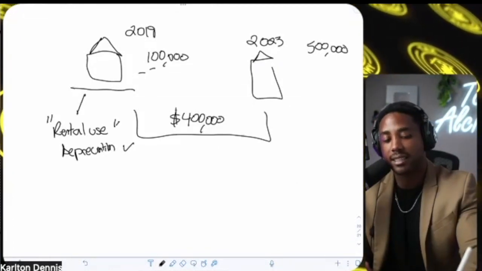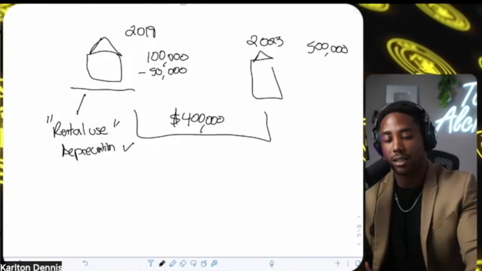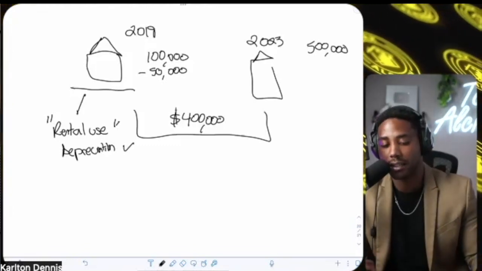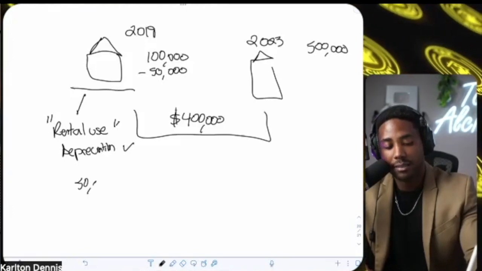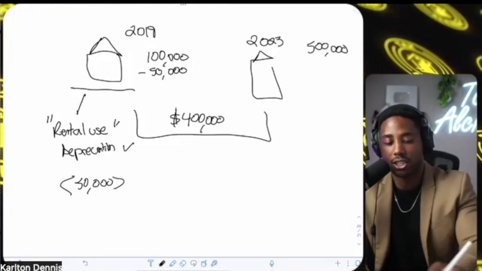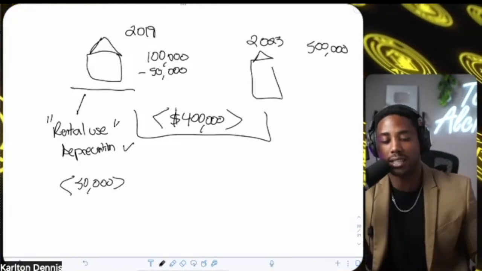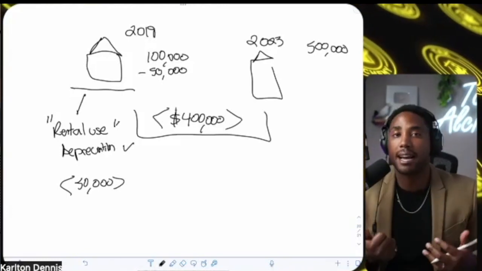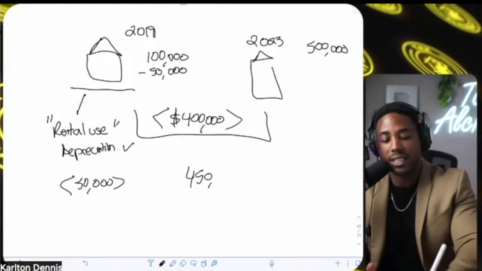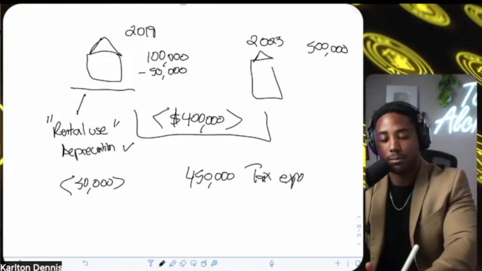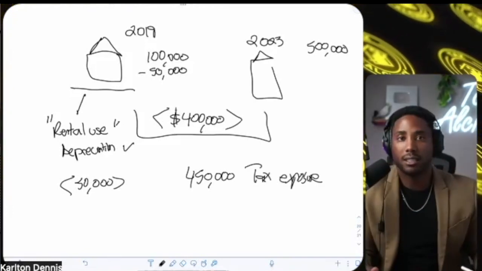Let's say that I took $50,000 in depreciation between 2019 and 2023. Well, that means between these two items, the 50,000 that I took in depreciation and the 400,000 in appreciation of the property, I'm going to have a $450,000 worth of tax exposure to deal with.